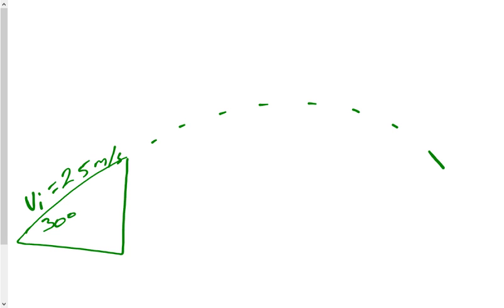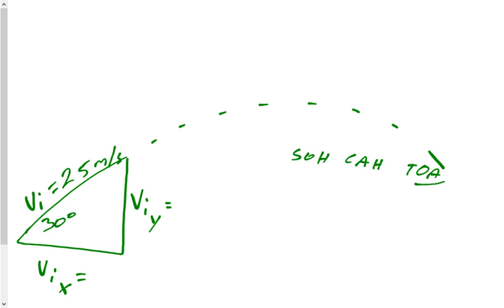What we need to do is break down the triangle into its components of vertical and horizontal. This is the initial velocity in the y direction, or the vertical direction, and this is the initial velocity in the x direction. So let's look at SOHCAHTOA.